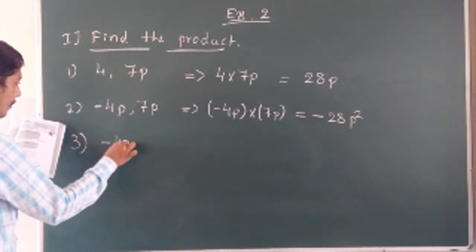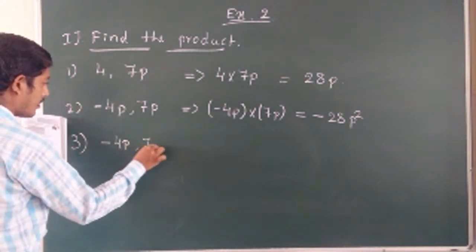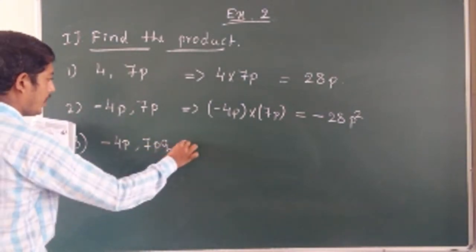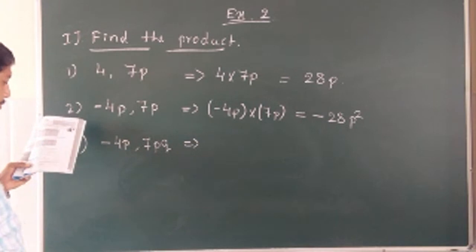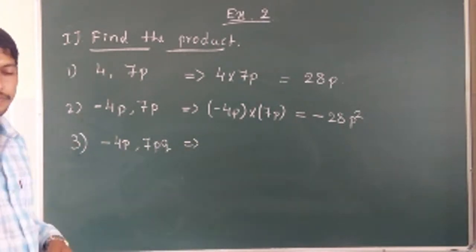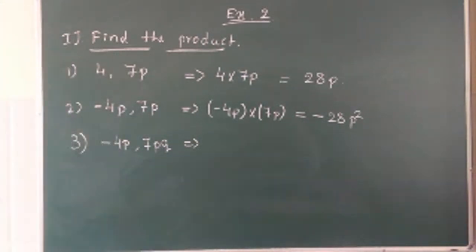So the next, the third one, comment with the answer for this. Minus 4p, 7p squared. Comment with the answer first. Minus 4p and 7p squared are the two terms, and now we have to multiply the two terms.